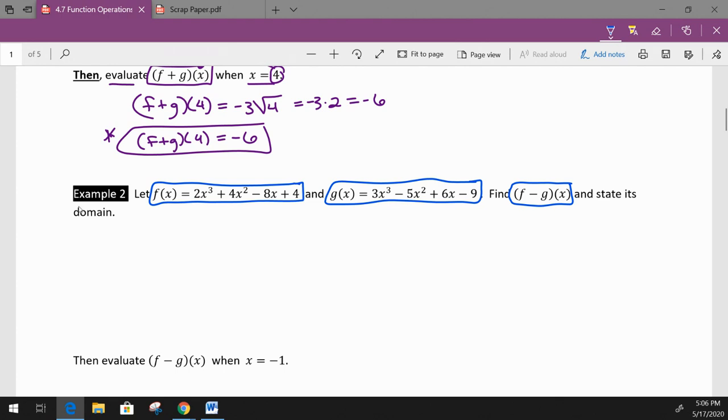So f minus g of x means that we're going to take the f of x function minus the g of x function. So your f of x function is this whole thing here.